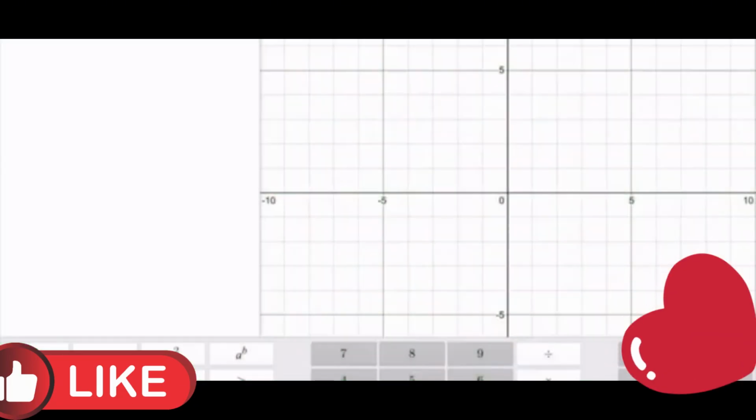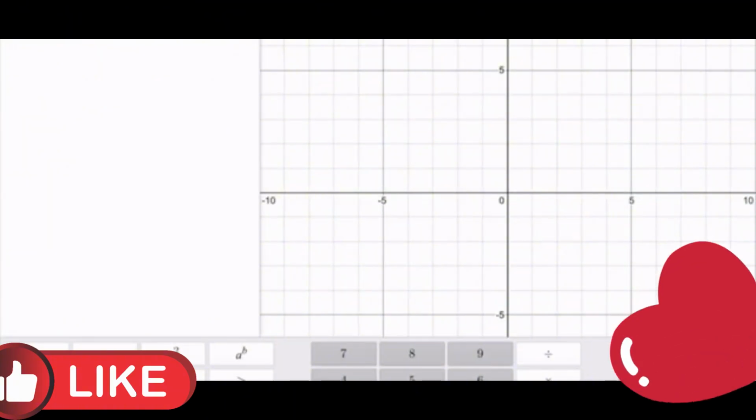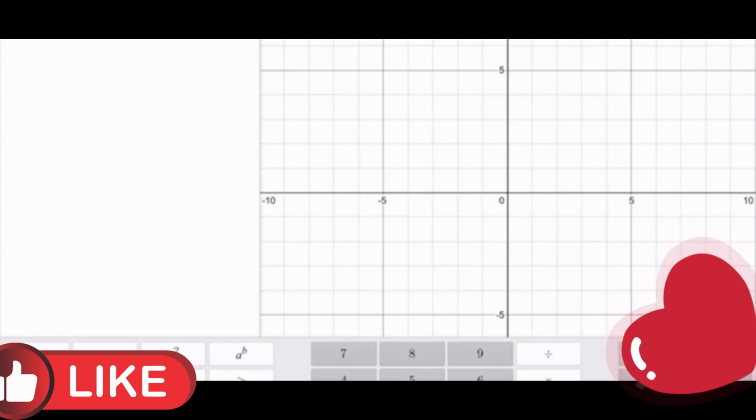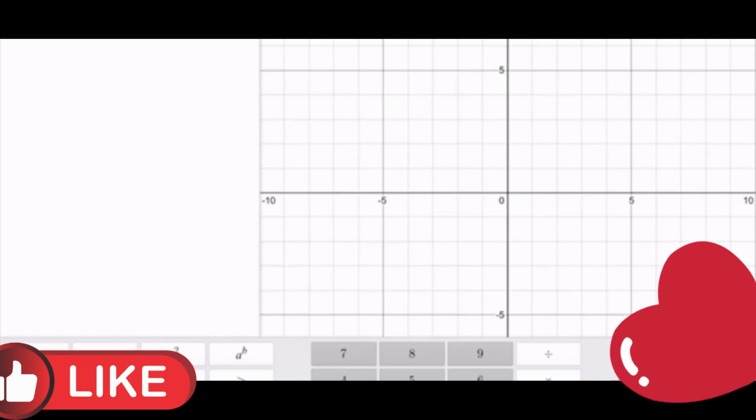Okay, so if you use this app, and it's a great little app to use, it's called Desmos. All we actually need to do to have a look at that graph is just type in the equations for these two graphs. It's a really good tool when you're doing topics like this, just for having a look at what these graphs look like.